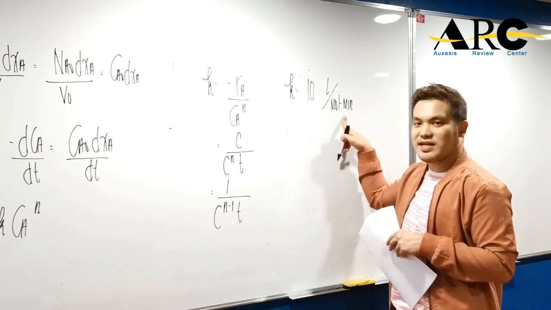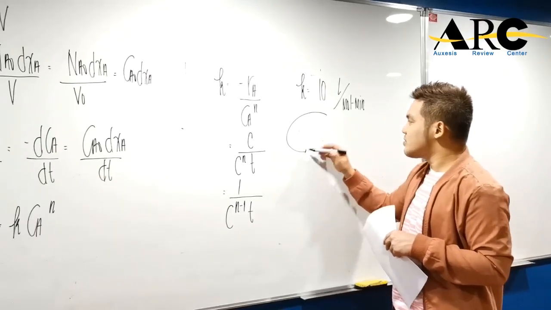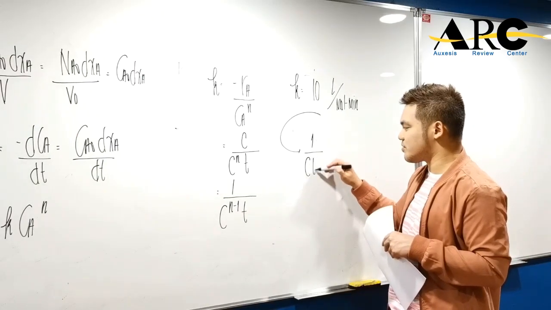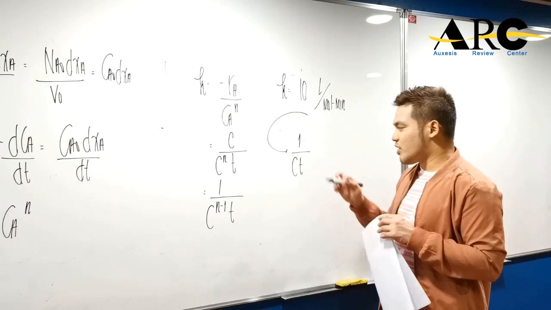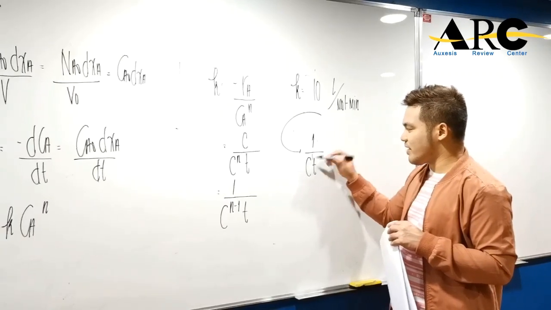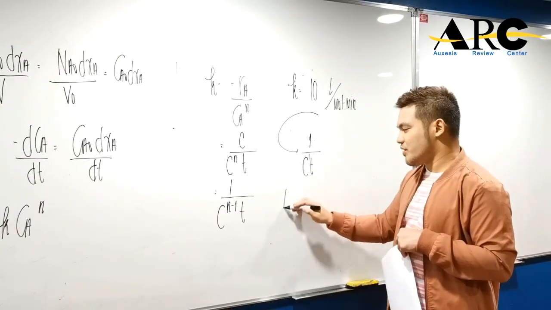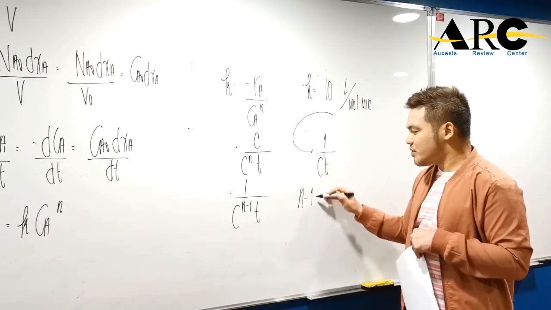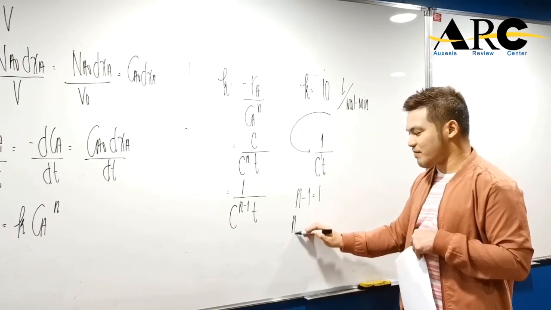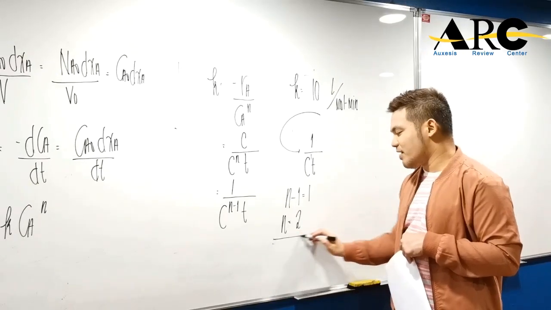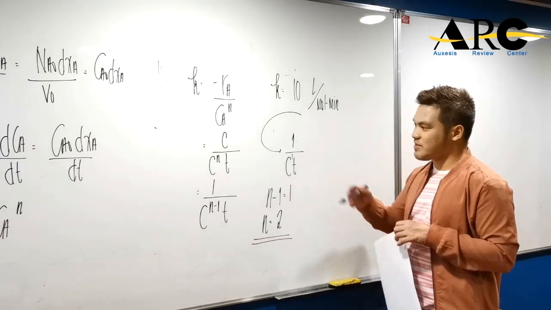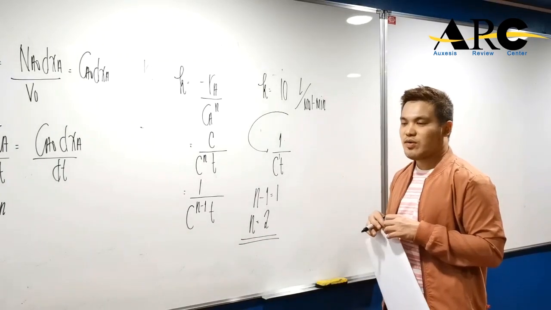So, ibig sabihin, kapag chinek natin yan, ang unit ng K natin is 1 over concentration over time. So, ang concentration natin dito ay naka-raise ng 1. So, if n minus 1, equate lang natin itong dalawa, equals 1. So, ibig sabihin, based sa unit, makikita na natin kung ano yung order ng reaction. So, ibig sabihin, ito ay second order.